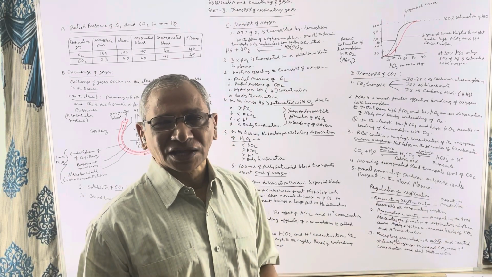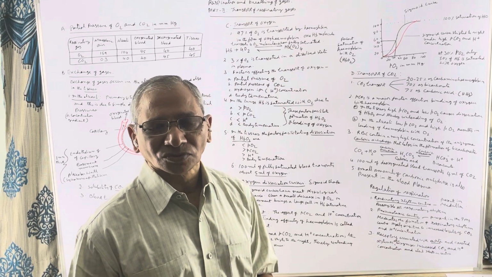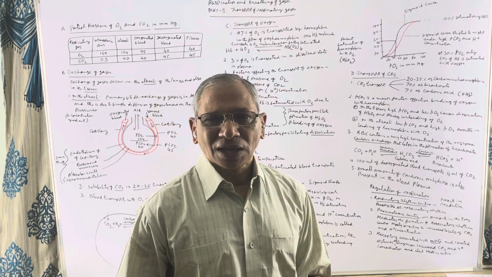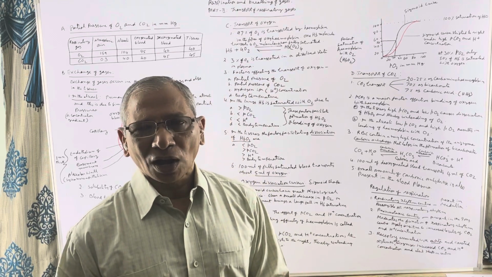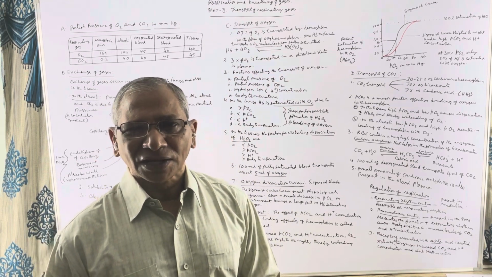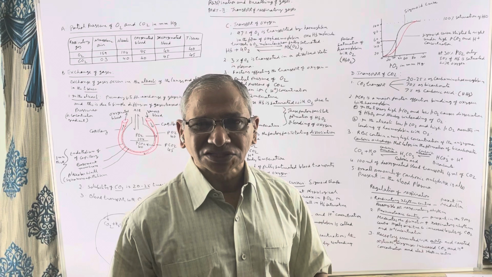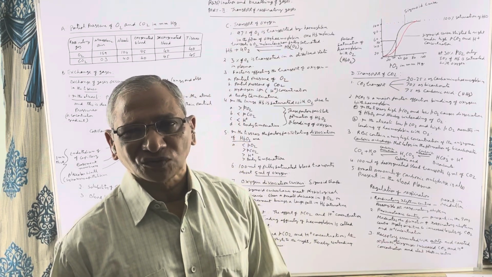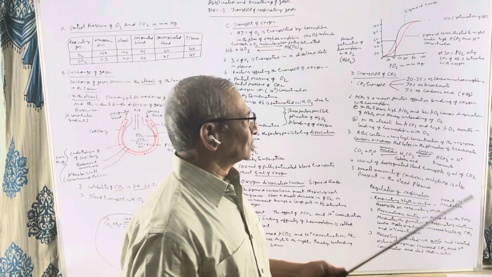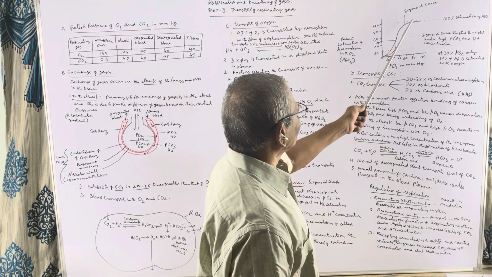This is known as unloading of oxygen. So in the tissues, as the PO2 is low, oxygen automatically leaves the hemoglobin and is made available to the tissues for various metabolic activities. So this sigmoid curve is very important.